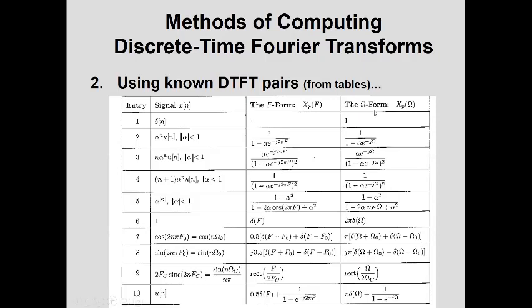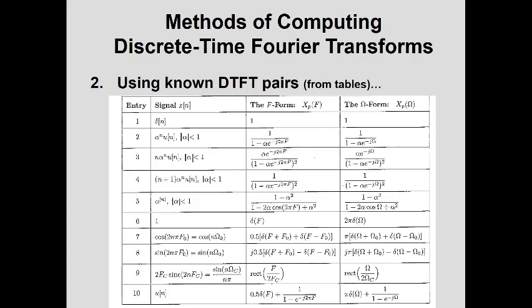For the DTFT, you might have two different flavors of that. The cycles per sample, capital F digital frequency form, or if you're working in digital radian frequency, capital omega, there's an analogous form which is mostly just replacing 2 pi capital F with capital omega. In some cases, there's an extra pi or 2 pi kind of factor that comes into play.